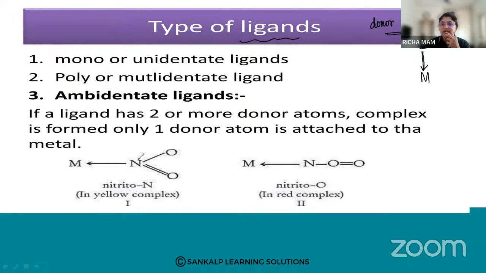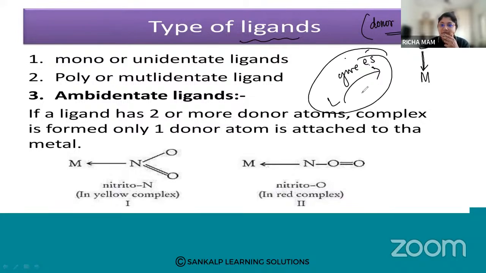So these are the types of ligands, depending upon how many donor atoms are there. What do you mean by donor? Donor means it will give electrons, right? So depending upon how many donor atoms are present, ligands are classified as monodentate or unidentate, polydentate or multidentate, or amphidentate.